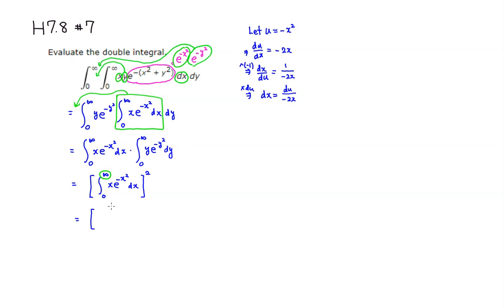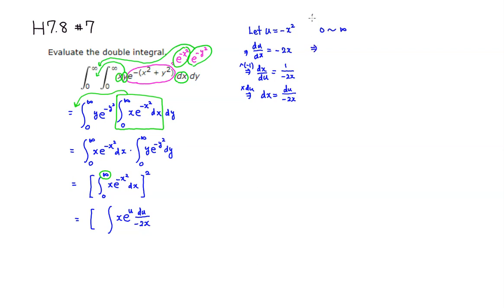So we have an integral. I'm going to leave x as it is. Then this is going to be e to the u. dx is du over negative 2x. Originally, this is going from 0 to infinity, but we have to convert it.